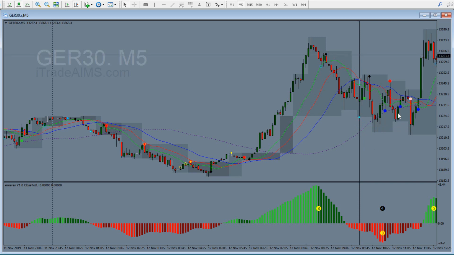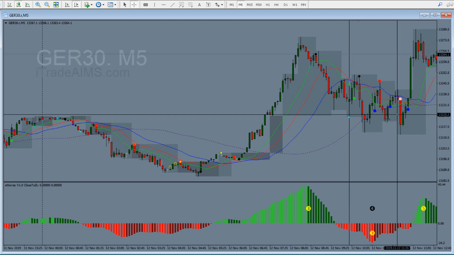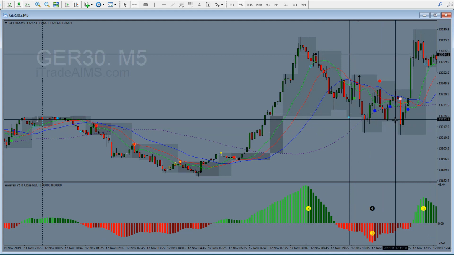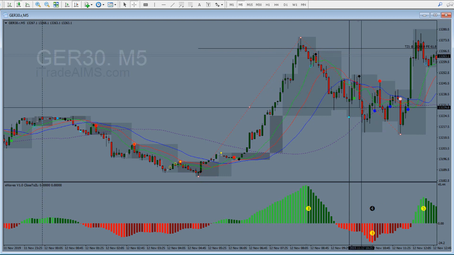It came down and crossed the purple, so it became a setup 0. If you were trading the M5 chart, this was your setup 0 going into wave 5, which you could have calculated in such a way as well, to find out where it's going to end. When the pullback is more than the purple, most of the time wave 5 will end around wave 3.